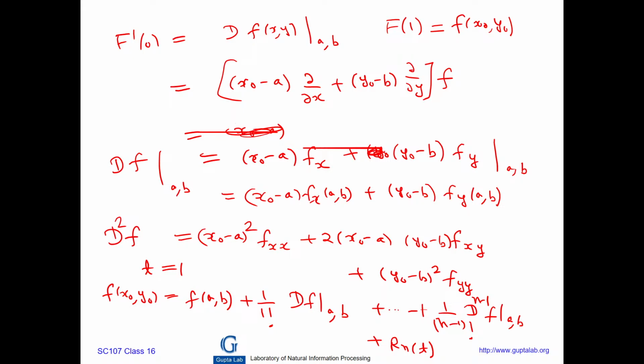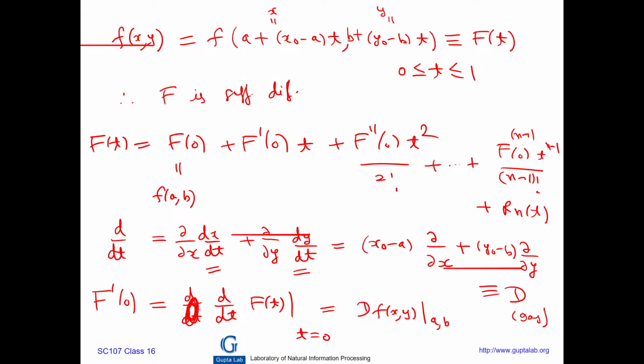If you put t is equal to 1, f of 1 is f of x naught comma y naught. So with some calculations, now you have all the derivatives, so the whole formula is ready for you.